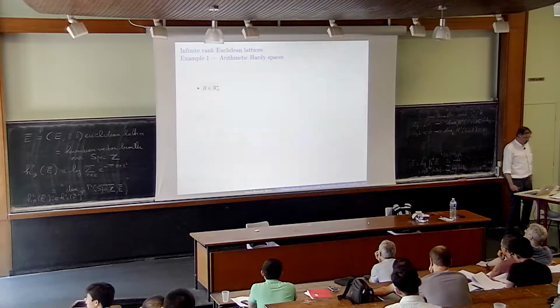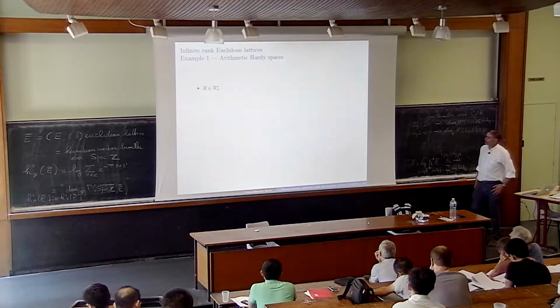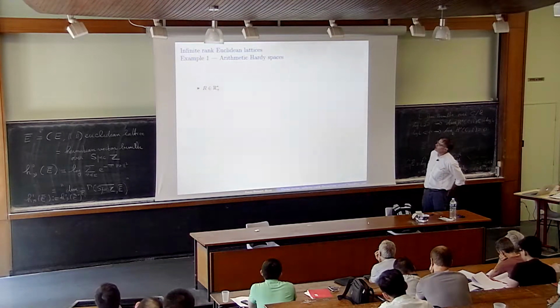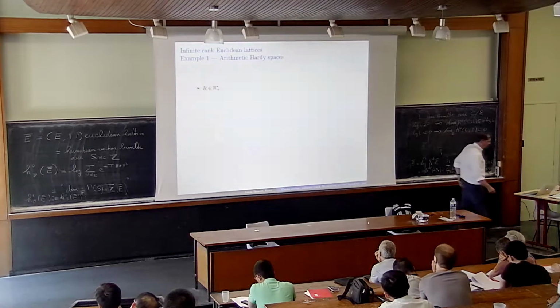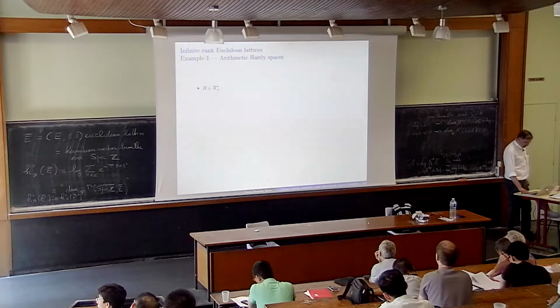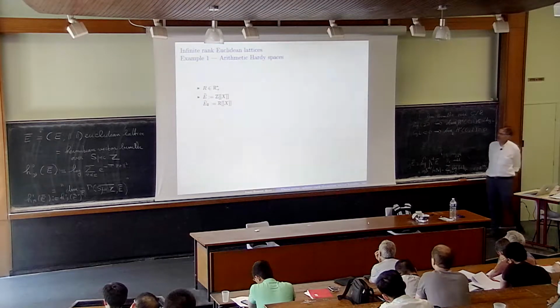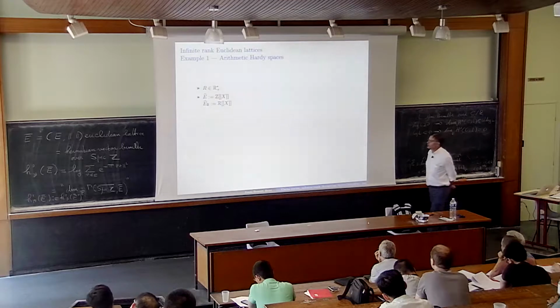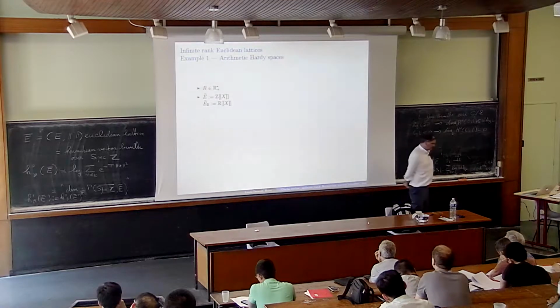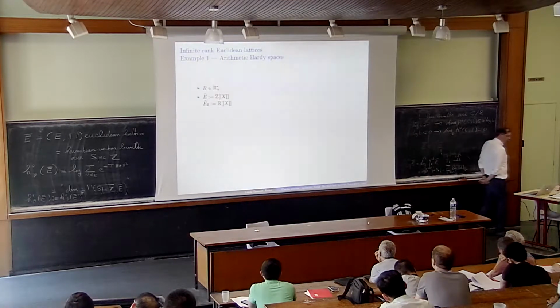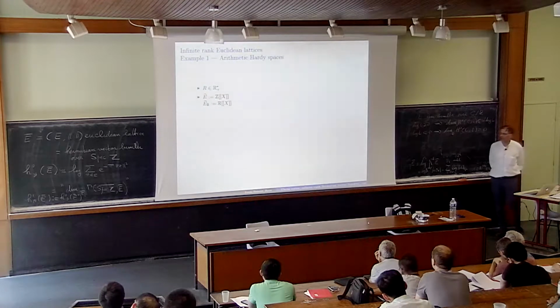Okay, let me give you a few examples. First example, that could be called some kind of arithmetic Hardy spaces. You choose some positive real number R, and as E hat, we may choose the space of formal series in one variable with Z coefficients.